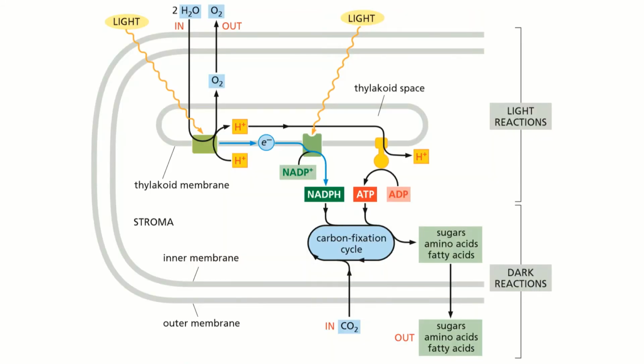Now here's a summary diagram of photosynthesis. Both the light-dependent reactions, also known as light reactions, and the light-independent reactions, or the dark reactions, are shown here. It all begins with light hitting a photosystem, as we see here in green.